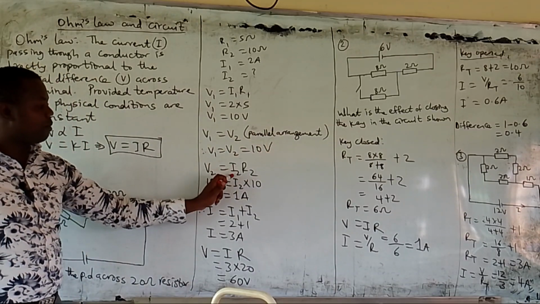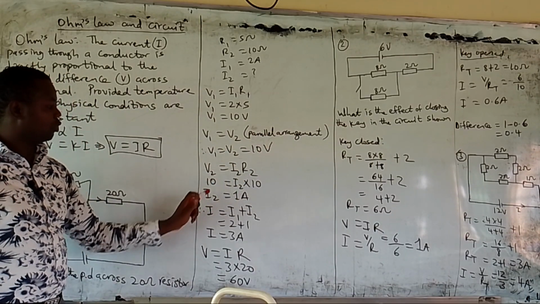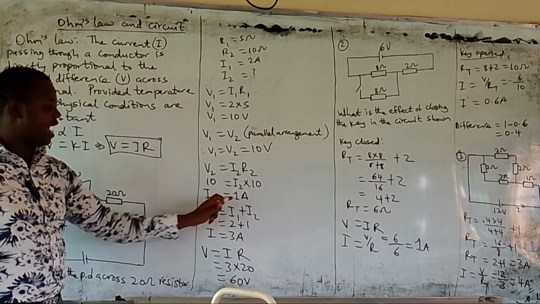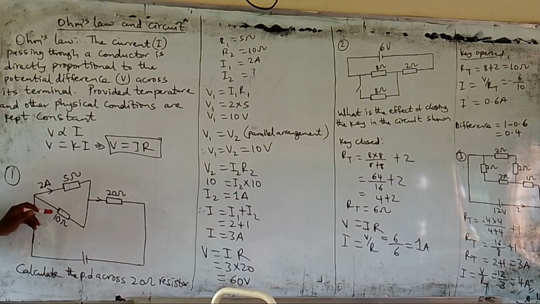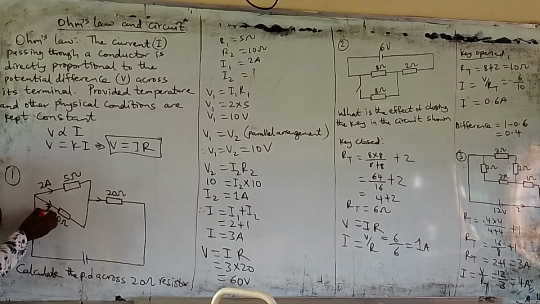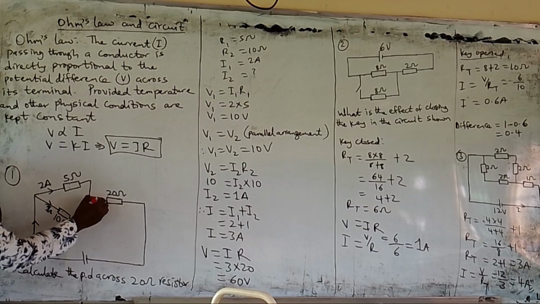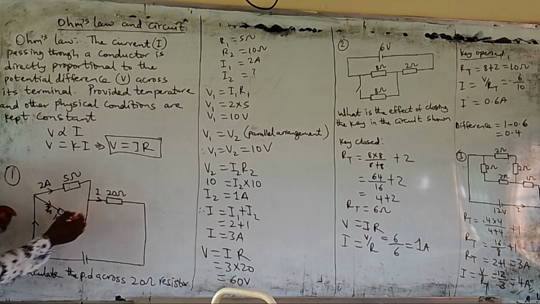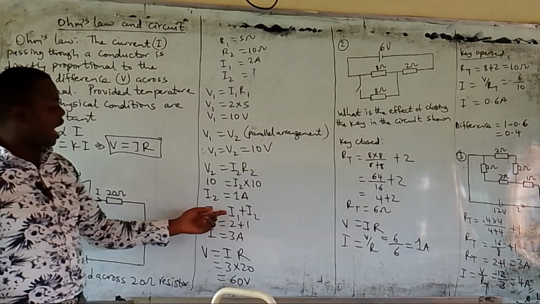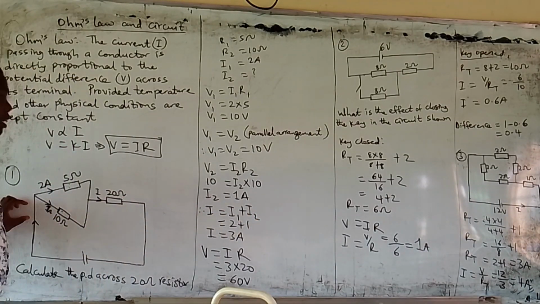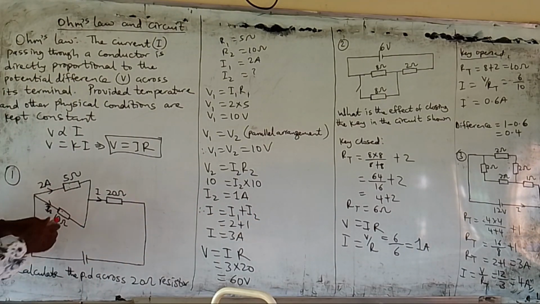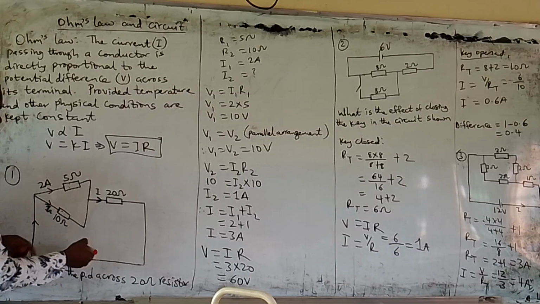For V2, that will be I2 times R2. Making I2 the subject of the formula, I have I2 to be 1 ampere. That means a current of 1 ampere flows through the 10 ohm resistor. So the total current will be I1 plus I2, because the current is branched here, comes together here, and flows back into the circuit.